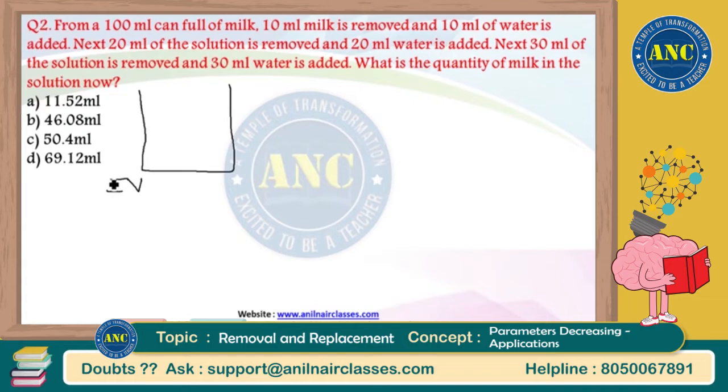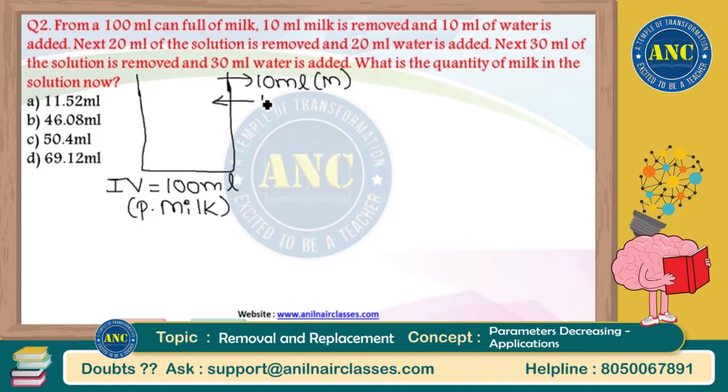Initially the vessel is having 100 ml of pure milk. In this 100 ml of pure milk, first I will take out 10 ml of milk outside and I will add 10 ml of water. Now it became a solution.